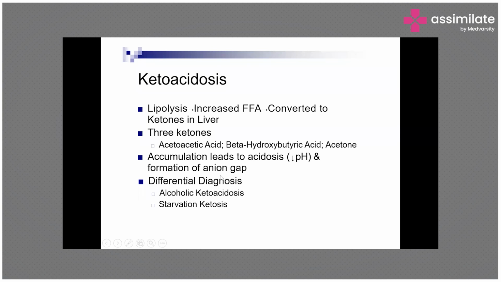So that's why we need to measure the anion gap, and normalization of the anion gap is the ultimate end result of normalization of ketoacidosis. But at the same time, we should also take into consideration the different types of ketoacidosis. The ketoacidosis may be due to starvation.